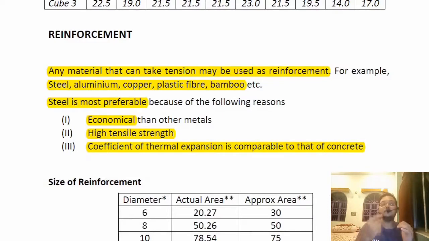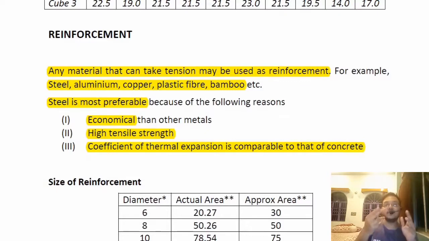If the RCC material is exposed to some very high heated condition, the concrete expands, and if the coefficient of thermal expansion for that metal is lesser than concrete, it won't show such expansion.